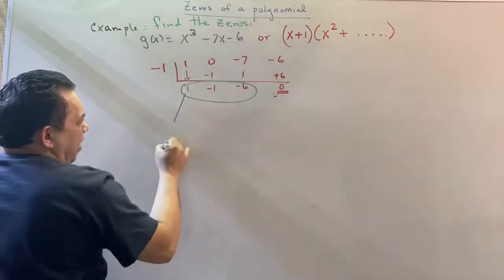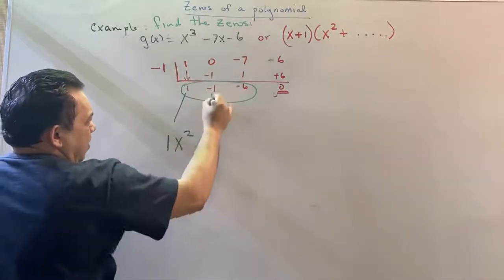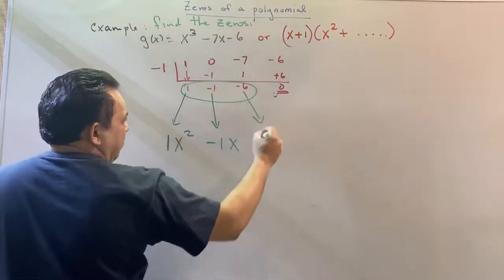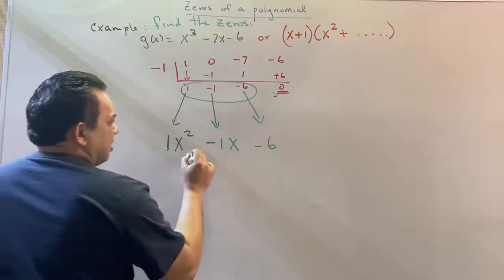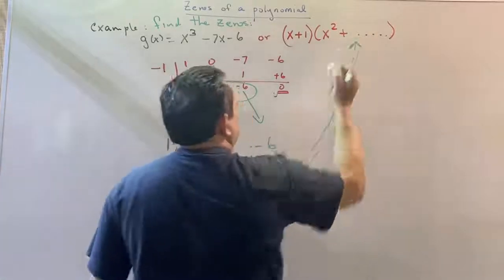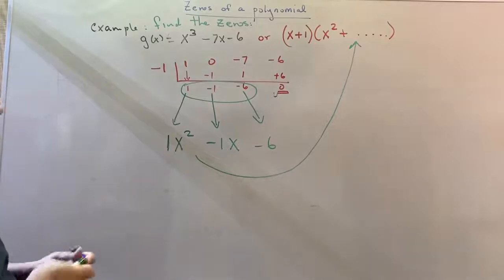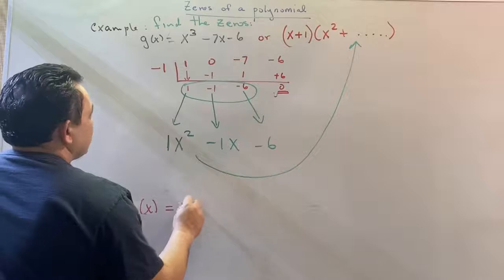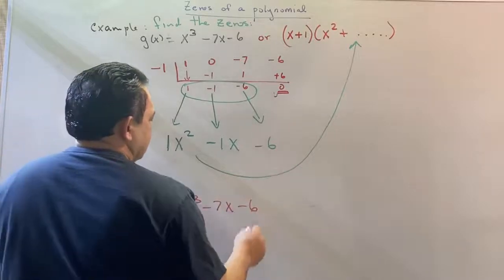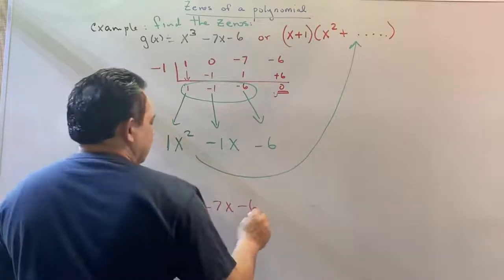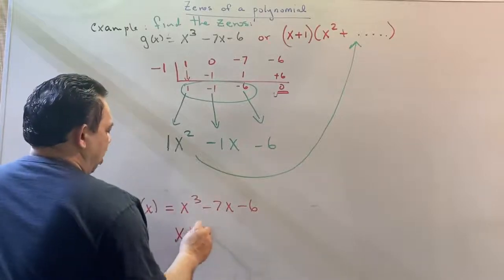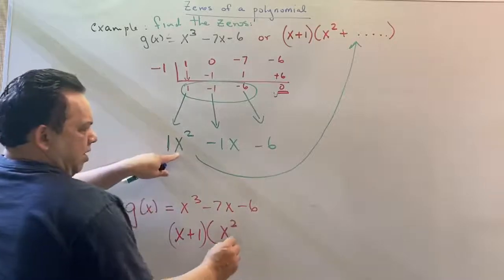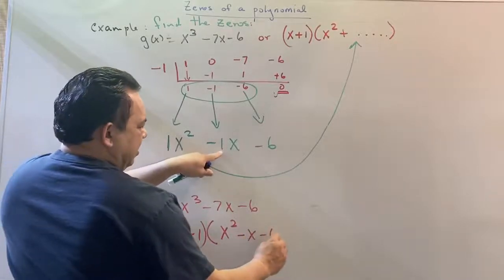So we have 1x squared minus 1x minus 6, and this is the quadratic that will go in here. So g of x, which is x cubed minus 7x minus 6, can be written as x plus 1 times x squared minus x minus 6.